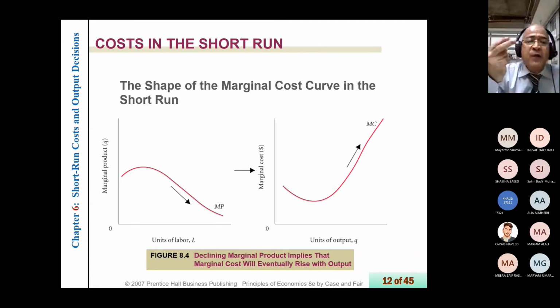So we have 3 stages of production. In this graph, I ignored the third stage. Again, in the first stage of production, marginal product increases. Why? Because total product increases at an increasing rate because of specialization and division of labor.